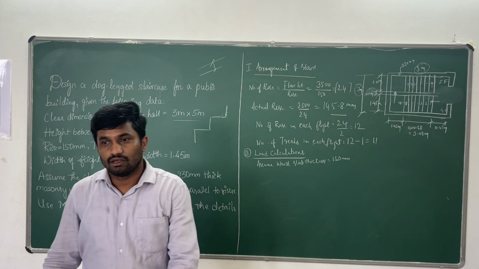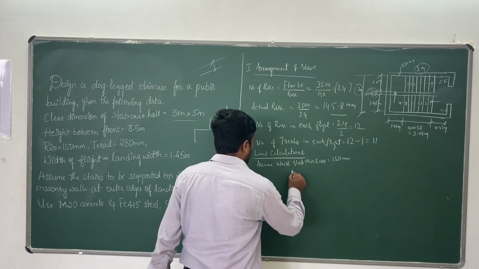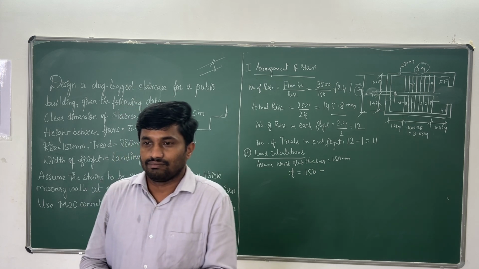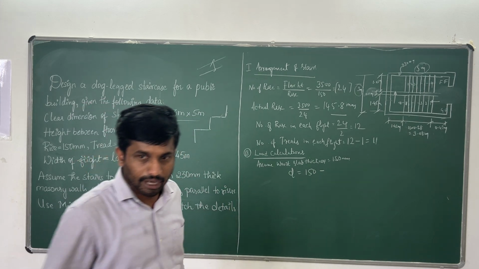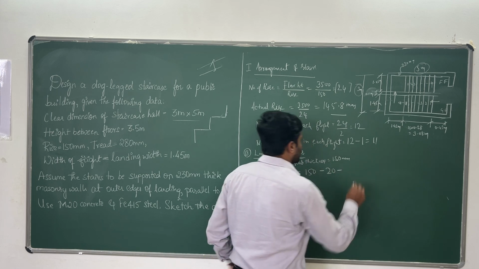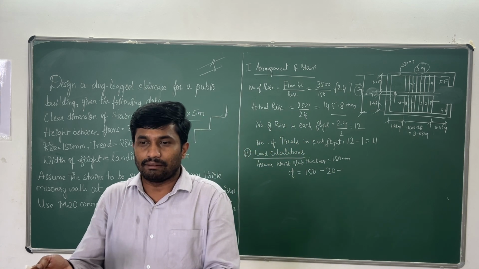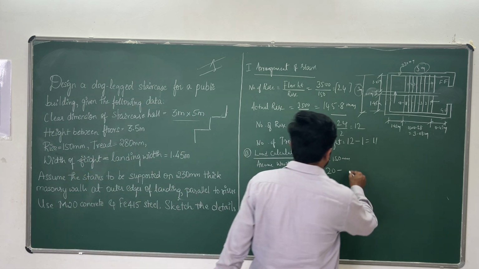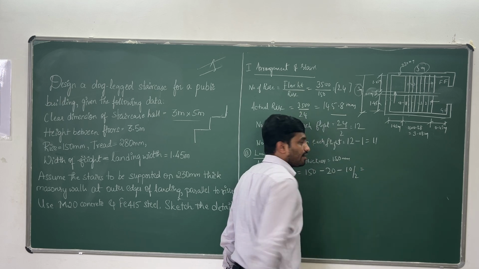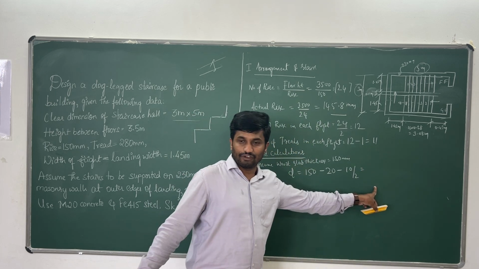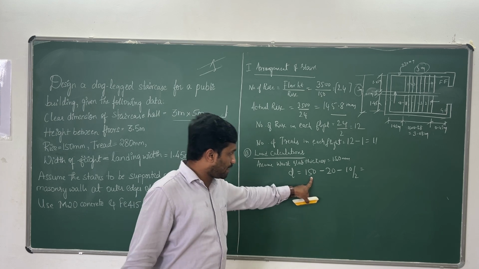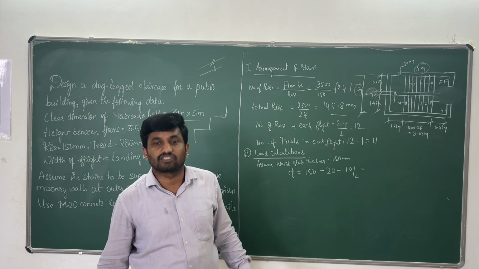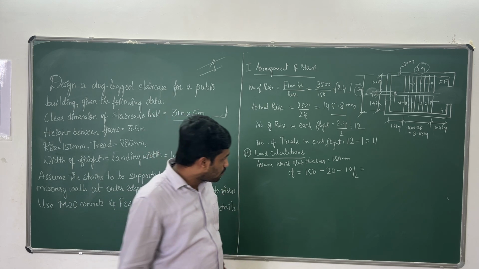If you assume 150 mm overall thickness, then what is the effective depth of the waist slab? It is computed as overall depth minus cover. Generally we assume a cover of 20 mm, and I am assuming the main bar reinforcement as 10 mm, so half of the bar thickness, 10 by 2. So total depth minus cover minus half of the bar thickness gives 125 mm.